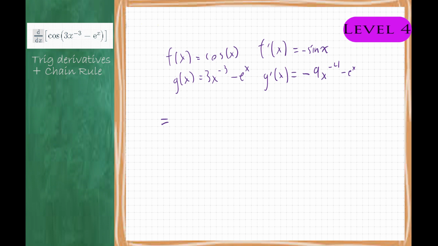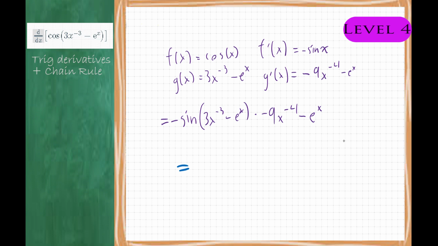Now we'll be taking the f prime of the g of x function times the g prime of x. So this will be the negative sine of 3x to the minus 3rd minus e to the x, times the g prime of x, so negative 9x to the negative 4th minus e to the x.